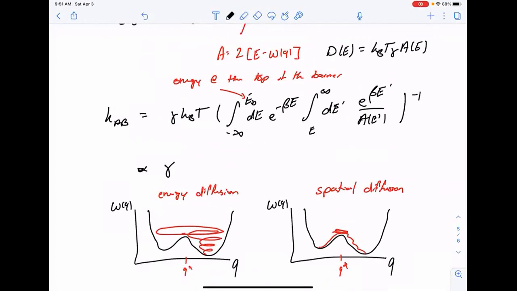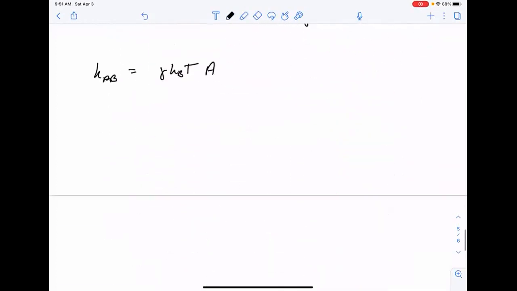All that will dominate this integral is the action and the barrier height.